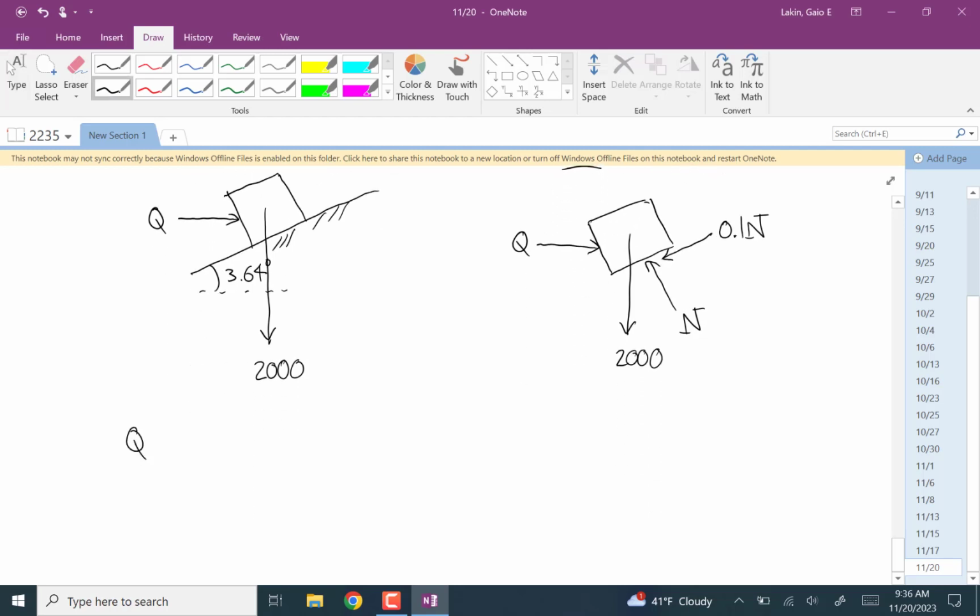A rotation matrix for this is cosine of... well, let me draw the coordinate systems. So we're going from this coordinate system to this one. That's a counterclockwise rotation. And so theta is equal to positive 3.64.